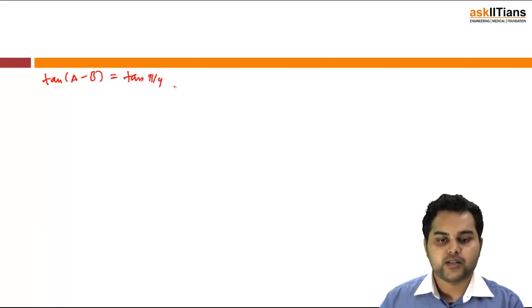Tan of a minus b is equal to tan of pi by 4, that's the base angle lying from minus pi by 2 to pi by 2, so that we get a minus b as n pi plus pi by 4.